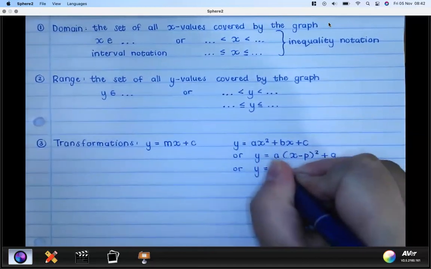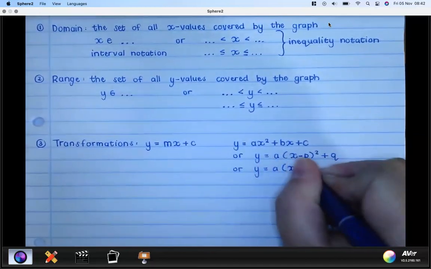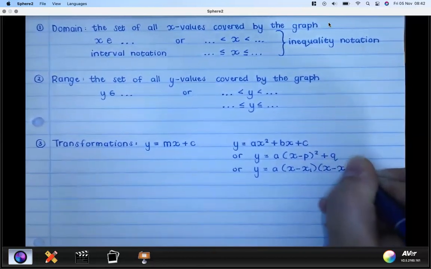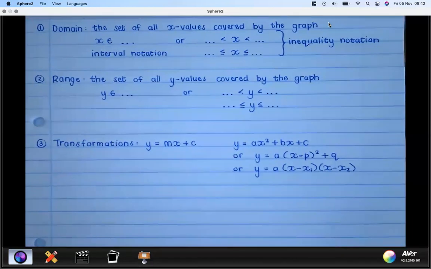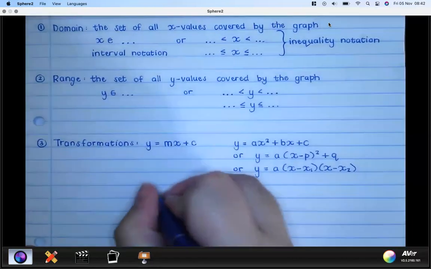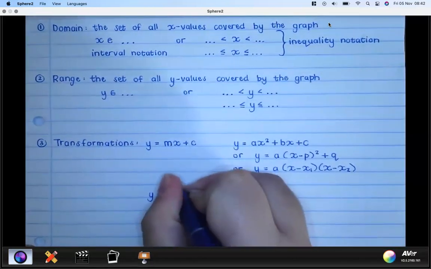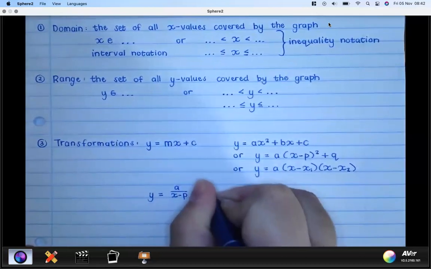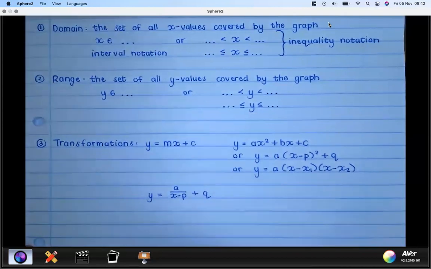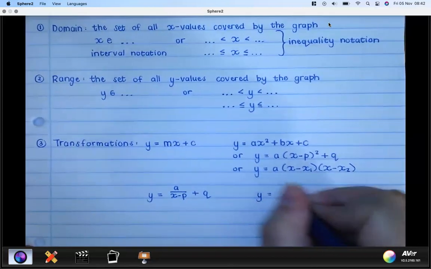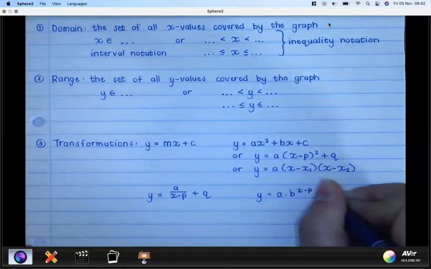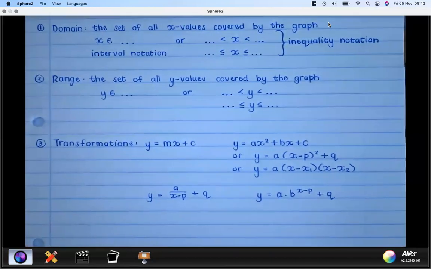I said at first I wasn't going to, but let's write down the full note, and that is x-intercept form. All right, then we also have y equals a over x minus p plus q. And then we have y equals a times b to the x minus p plus q.